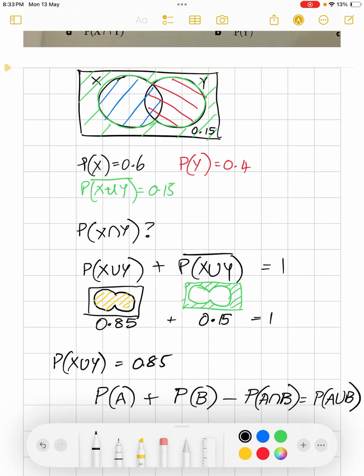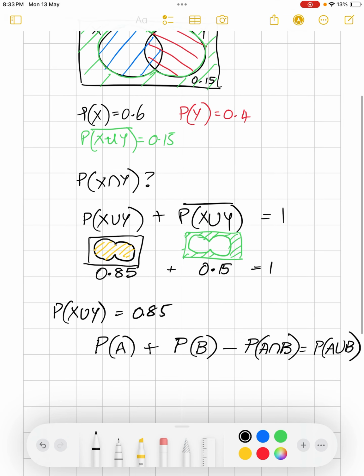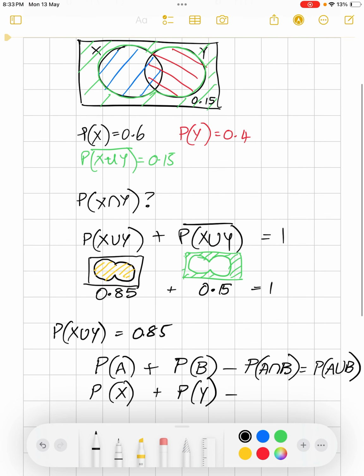Oh, sorry, we've got X and Y. So the probability of X plus the probability of Y, take away the probability of X intersect Y, that's the overlapped section up here. That's this bit in here. It's going to equal the probability of X union Y. That's the whole thing shaded, which is 0.85.